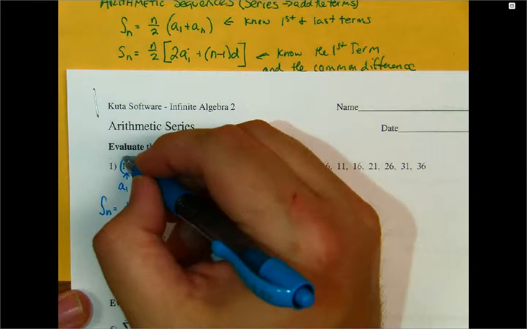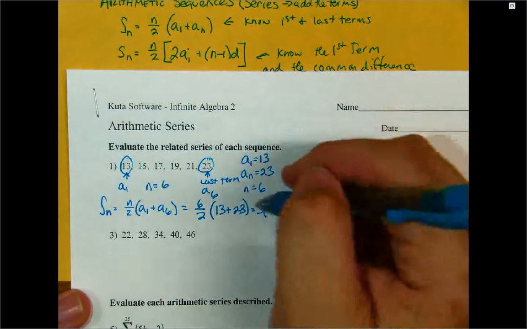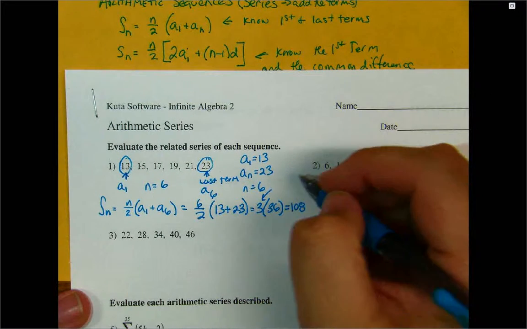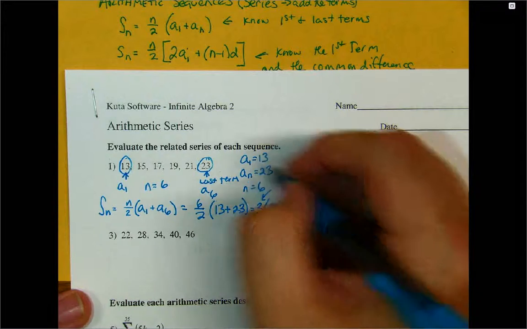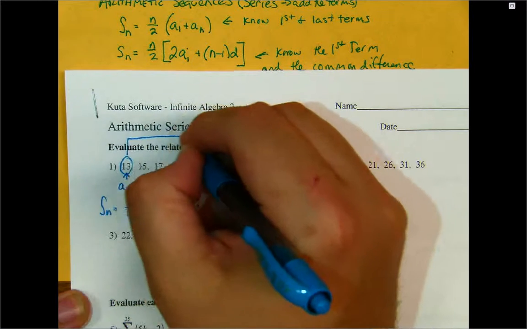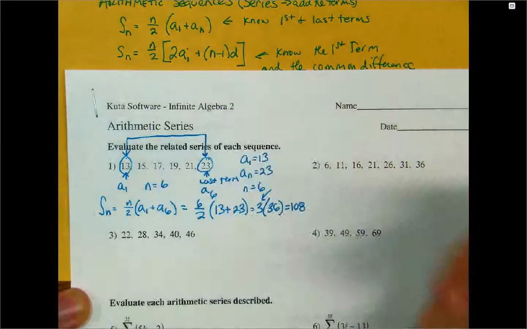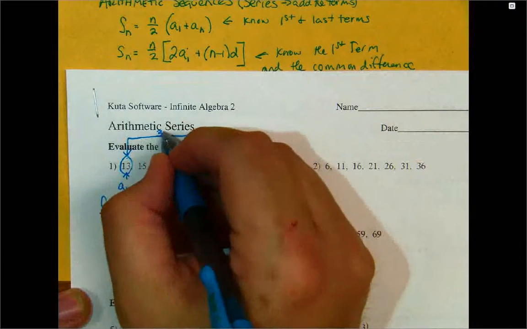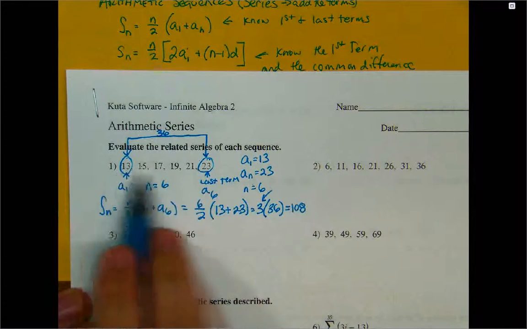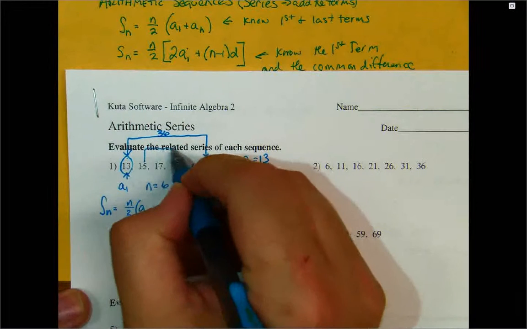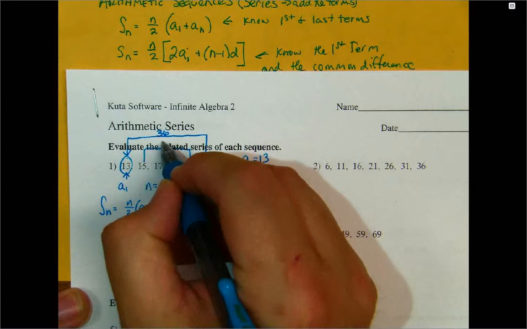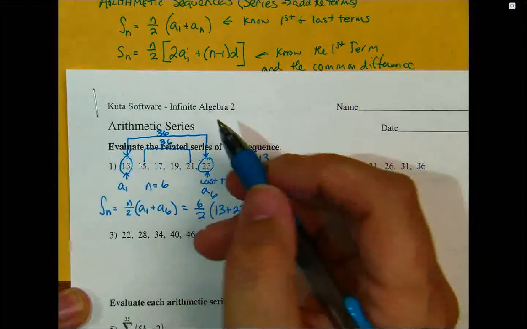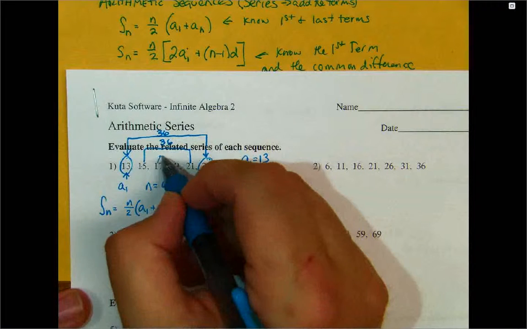Now, if you think about what that 3 represents, it represents, if I took this number right here, 13 and 23, add those together, what do you get? 36. Take 15 and 21, what do you get? 36. 17 and 19? 36.